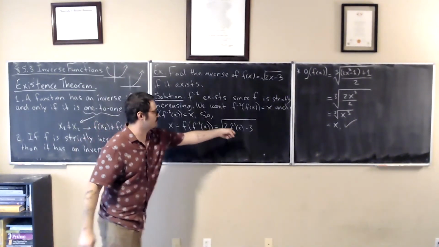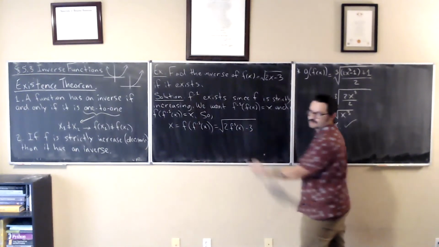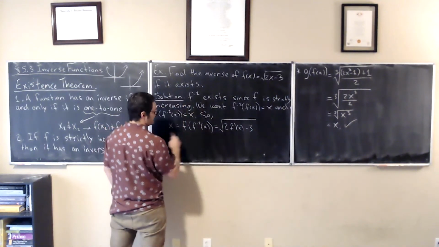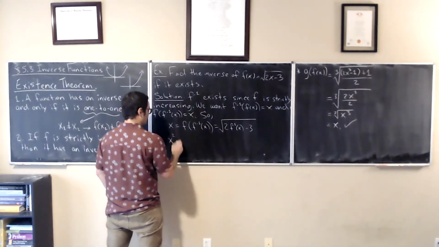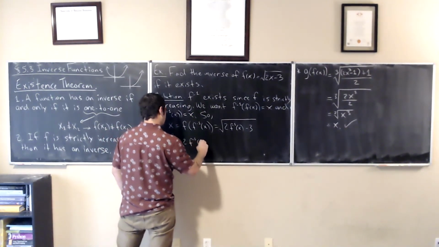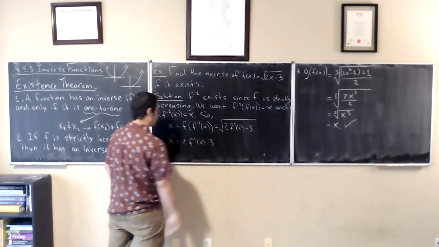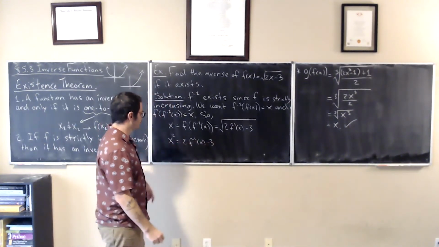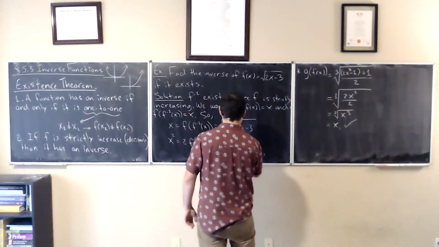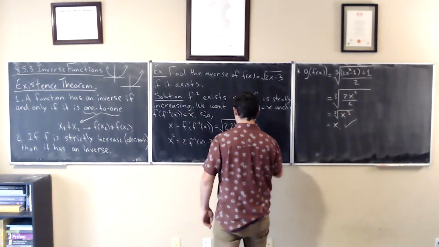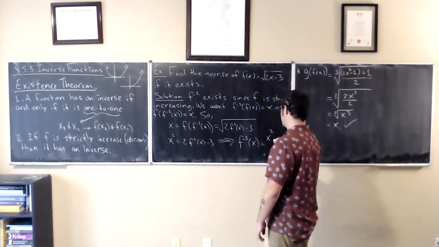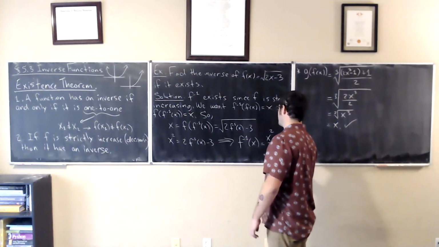We have x equals that, and that's the thing we're trying to solve for. We're trying to solve for that function. So if we square both sides of this equation, we get x squared is equal to 2 times f inverse of x minus 3. If you add 3 to both sides and divide by 2, you get that f inverse of x is equal to x squared plus 3 over 2.